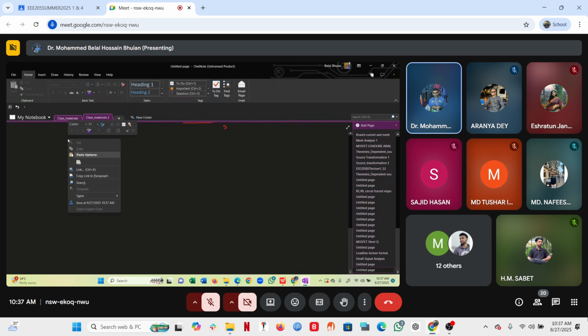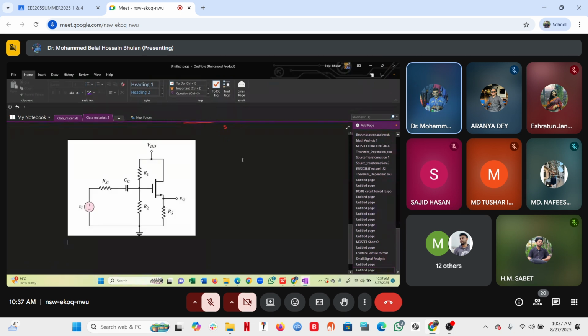Okay. The same way, we can draw the DC equivalent circuit. Same procedure as a BJT: open the capacitor. Why do we need to draw it? Because I need to determine gm.